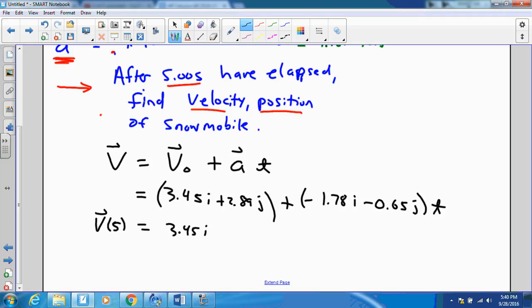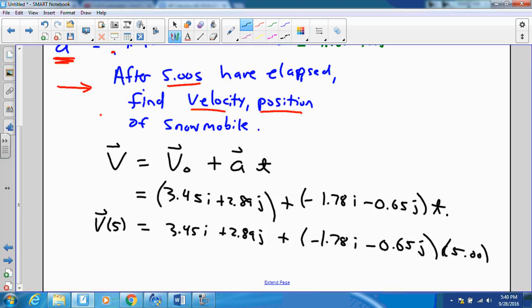And in particular, after 5 seconds have elapsed, I can say that v of 5 is 3.45i plus 2.89j plus now negative 1.78 times 5. Let me go ahead and write it. So distribute the 5 to each of the terms there, and get 3.45i plus 2.89j.